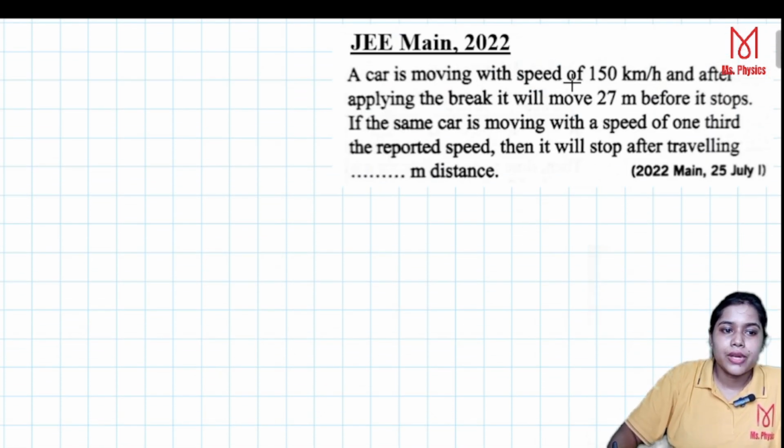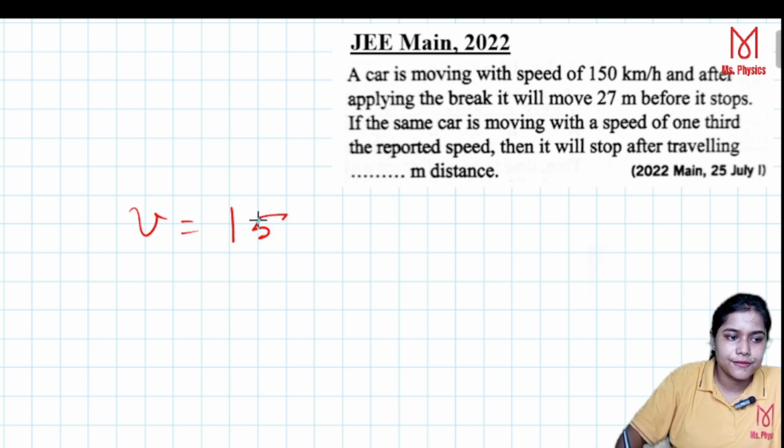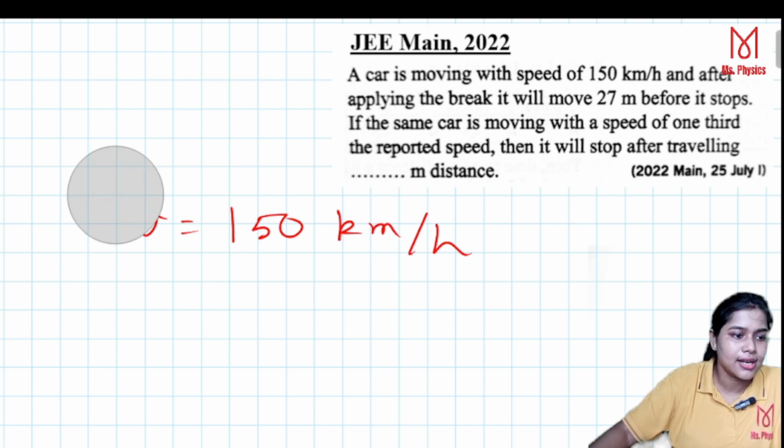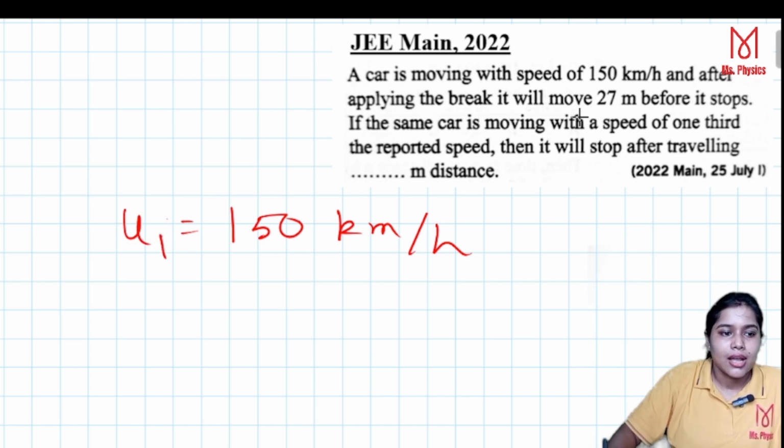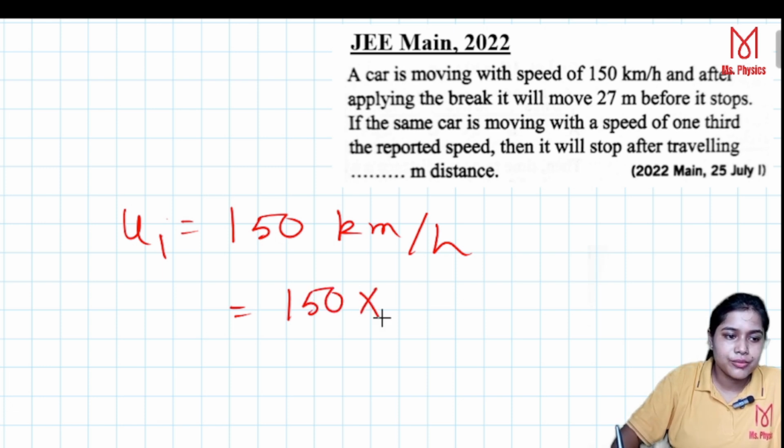A car is moving with speed 150 km per hour. That means here v is equal to 150 km per hour. That is your initial velocity, so we write it here as u, or u1. Since it is km per hour, I will first convert it to meter per second.